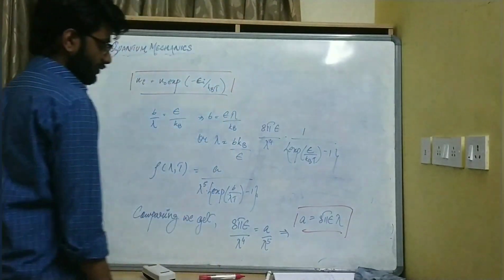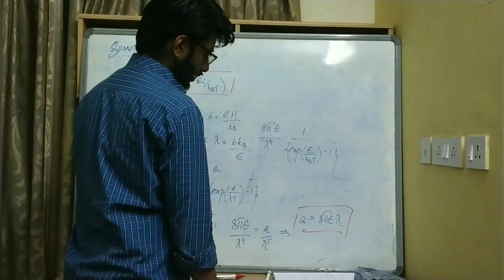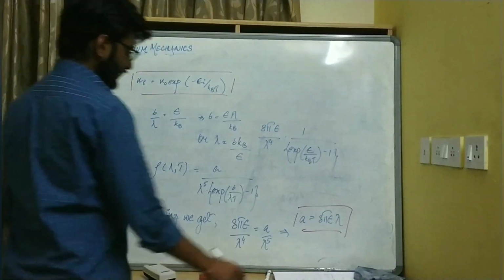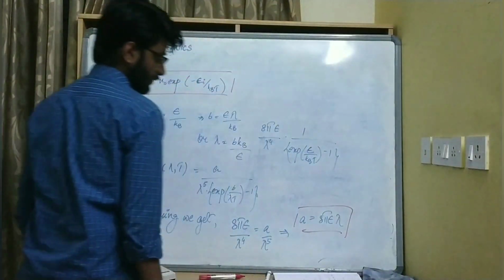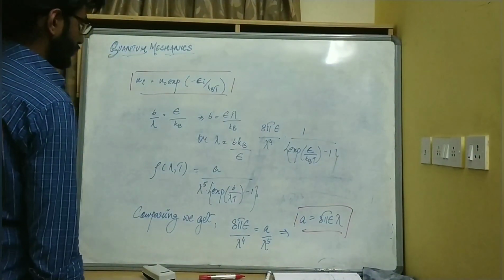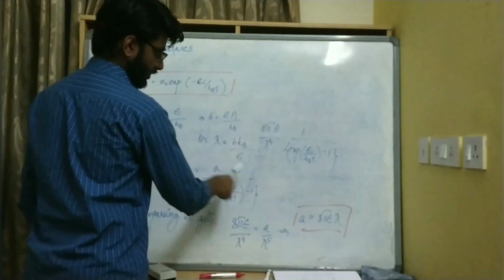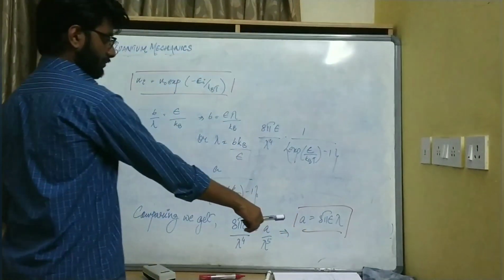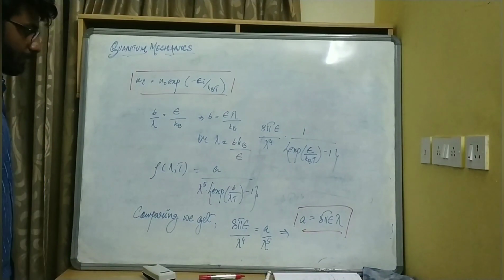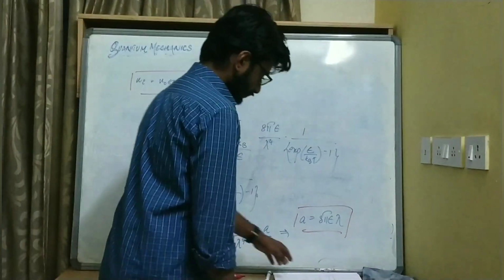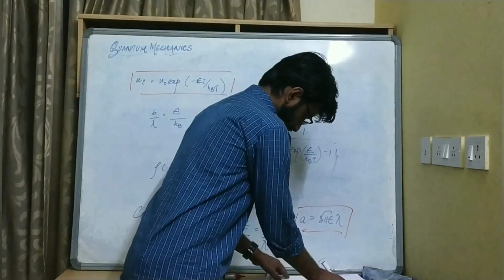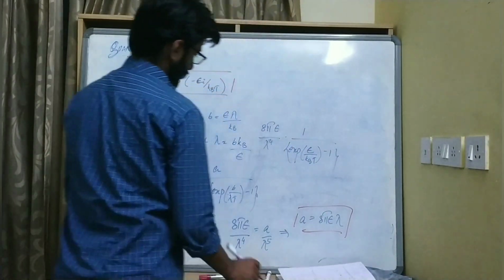You can write this equation as well in terms of frequency. So you have this expression, you can substitute it here, you will get some expression in terms of A and B. Just check it once.